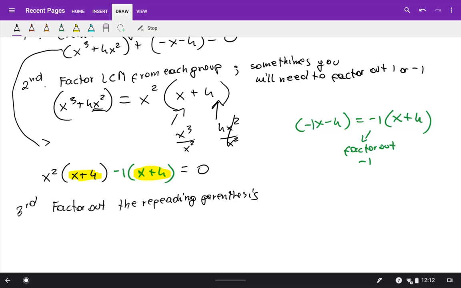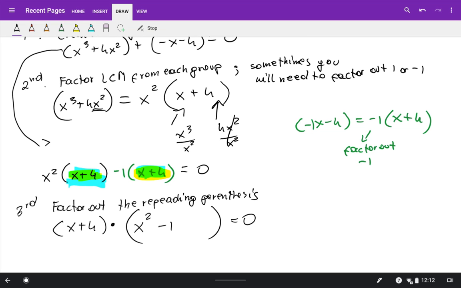In this case, we're going to factor x + 4 times, and in the second parenthesis, you're going to put the leftover. Since I factor x + 4, in front of x + 4 I have x squared, so x squared goes to the second parenthesis. And in front of the second x + 4, you're just going to put -1.